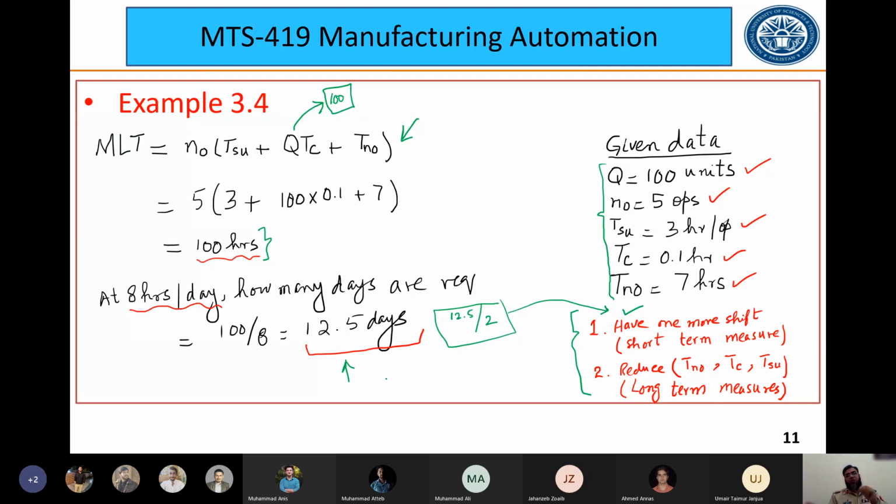So ये वो चीज़ें हैं जो as a production or as a process engineer you should be able to find out कि उस process के अंदर मैं कैसे इन times को reduce कर सकता हूँ. So by reducing these times you are actually reducing the manufacturing lead time, and by reducing the manufacturing lead time you are going to increase your production rate.